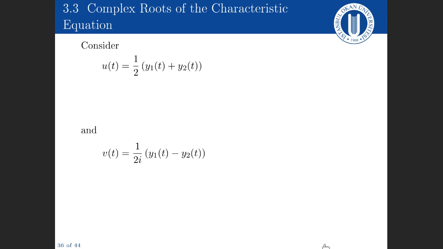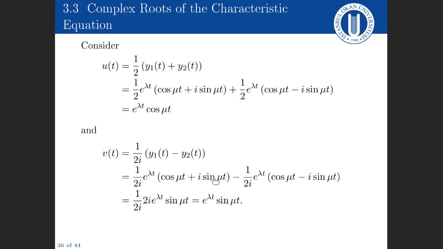Let's calculate these. Looking at u first of all. y1 is e to the lambda t, cos mu t plus i sin mu t, and y2 is e to the lambda t, cos mu t, and then minus i sin mu t, because we have a minus mu there, and the sine of minus mu is minus sine of mu.